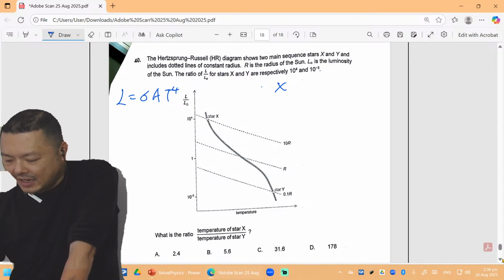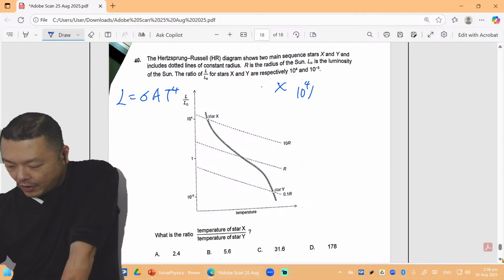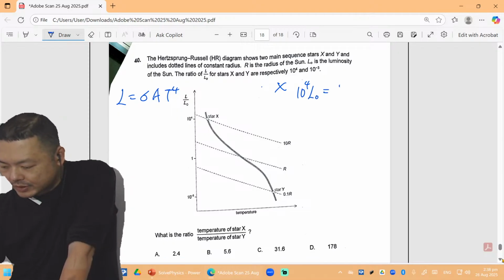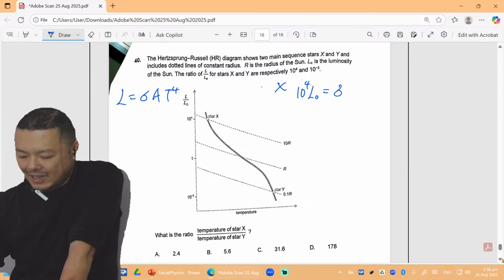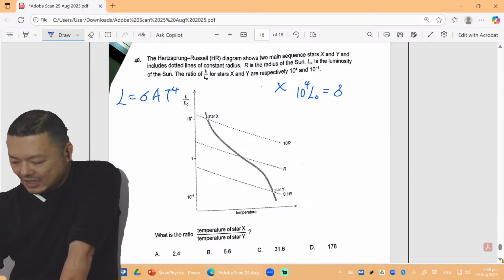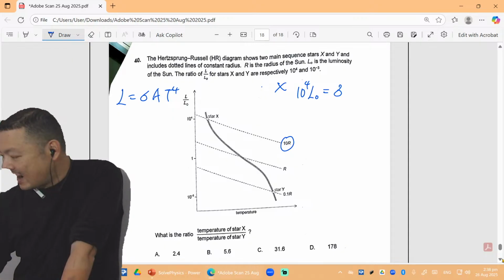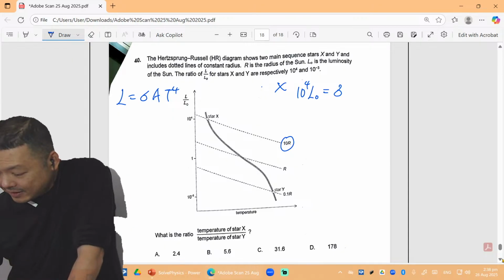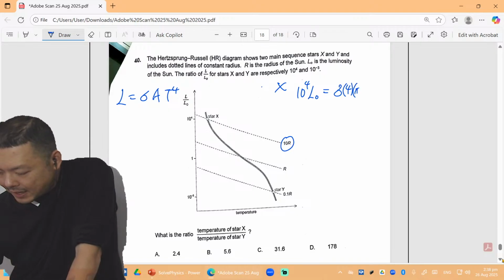Anyway, so 10 to the power 4 of L naught. L sun equals sigma area. So star X is 10R, so it's 4 times pi times 10R squared and then Tx to the power 4.